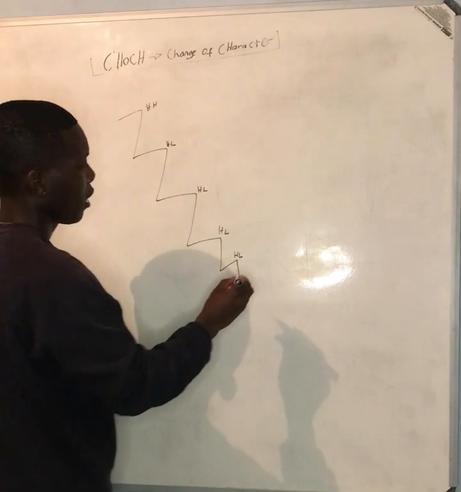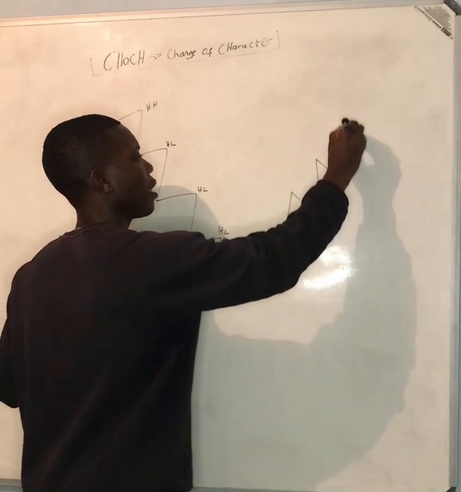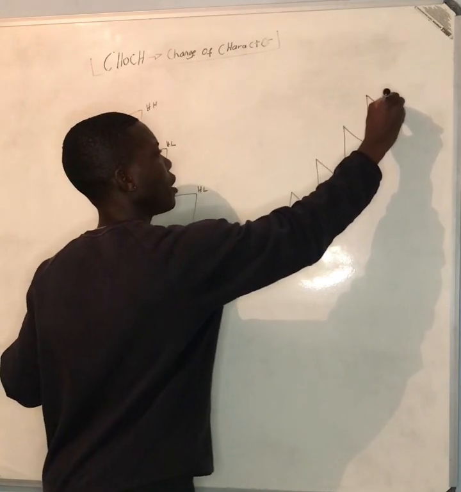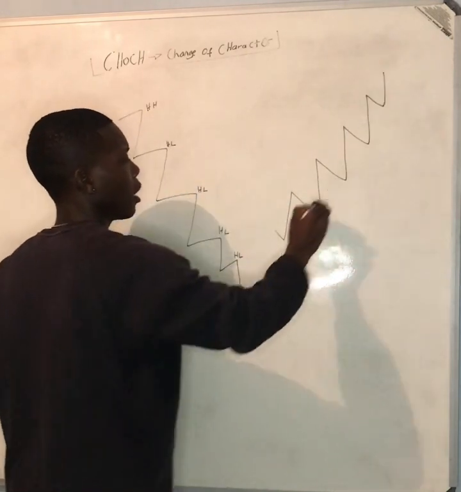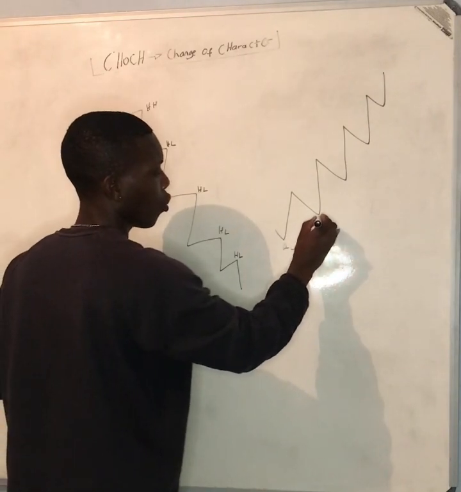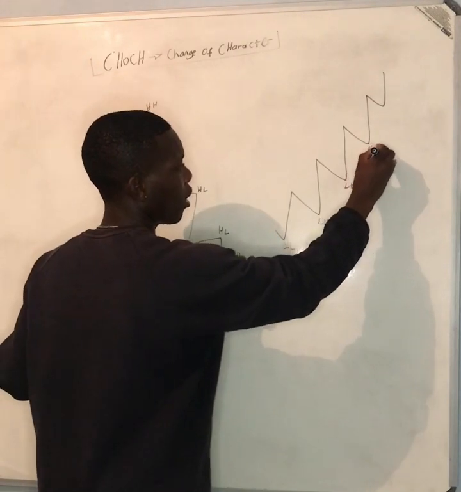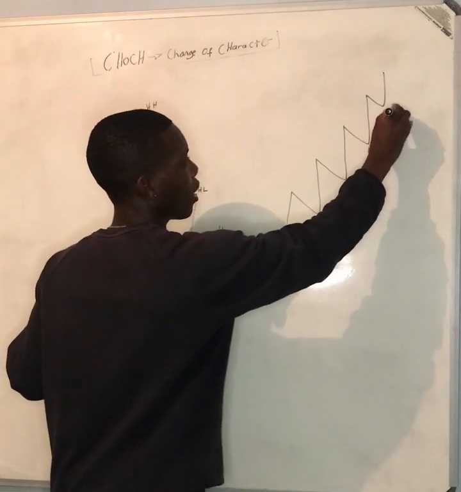Then this is the structure of the market that is going upward on a daily basis. So we have higher low, higher high, higher low, higher high.